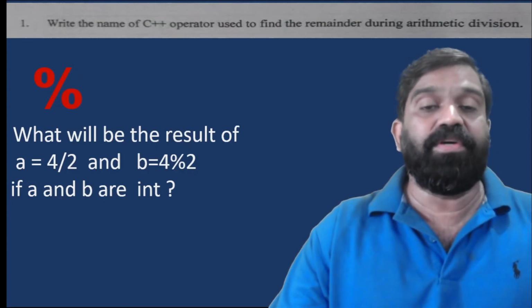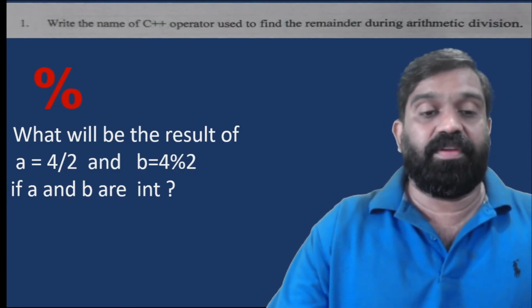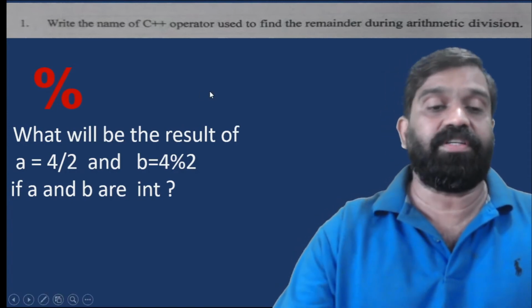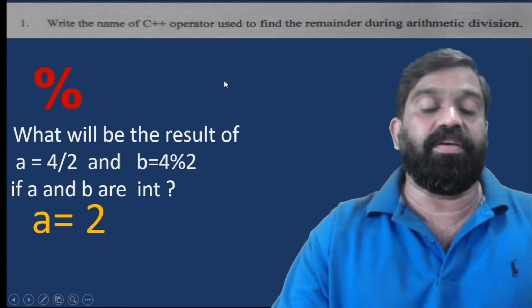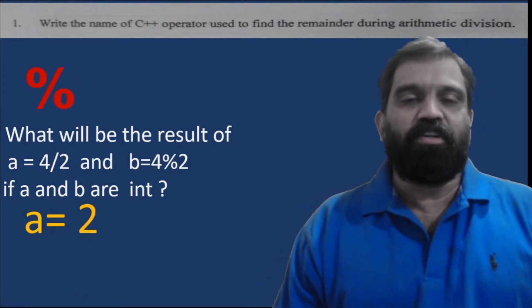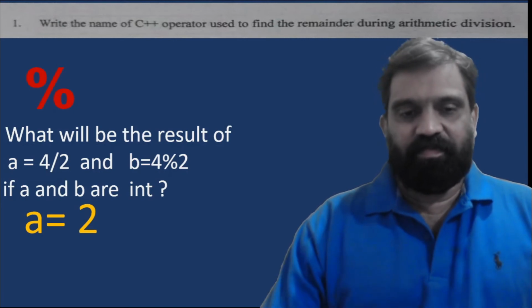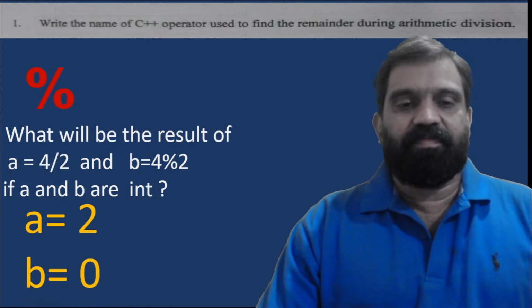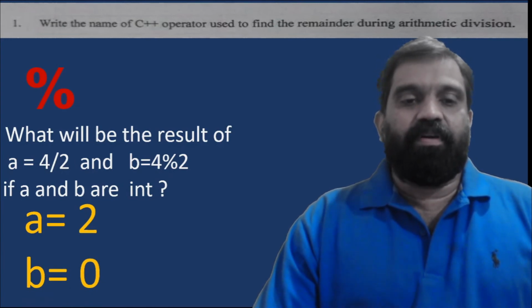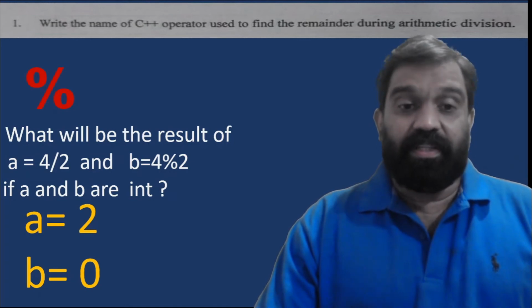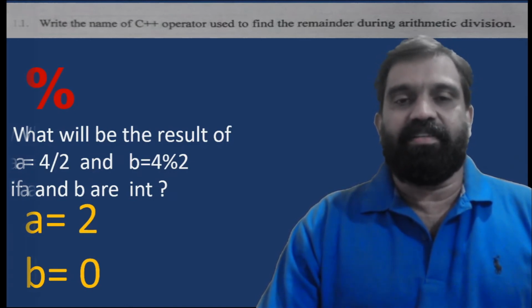So A and B are int data type. Then what is 4 / 2? The answer is A = 2. What will be the output of B = 4 % 2? The answer is 0, because 4 can be exactly divisible by 2 and thereafter we will get the remainder 0.